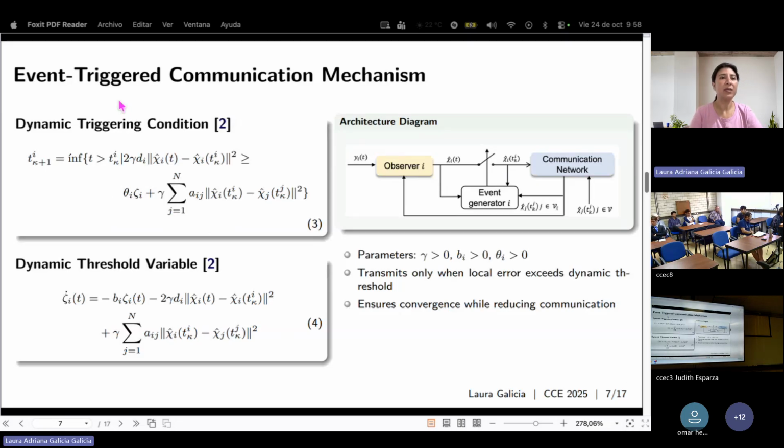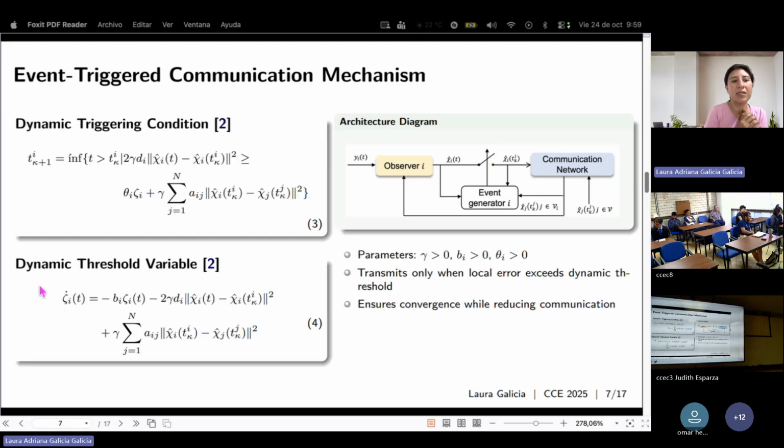Well, I have one dynamic threshold variable with its own equation. It compares the estimation error of the state and the communication error. This is the measure, then the dynamic trigger condition triggers.